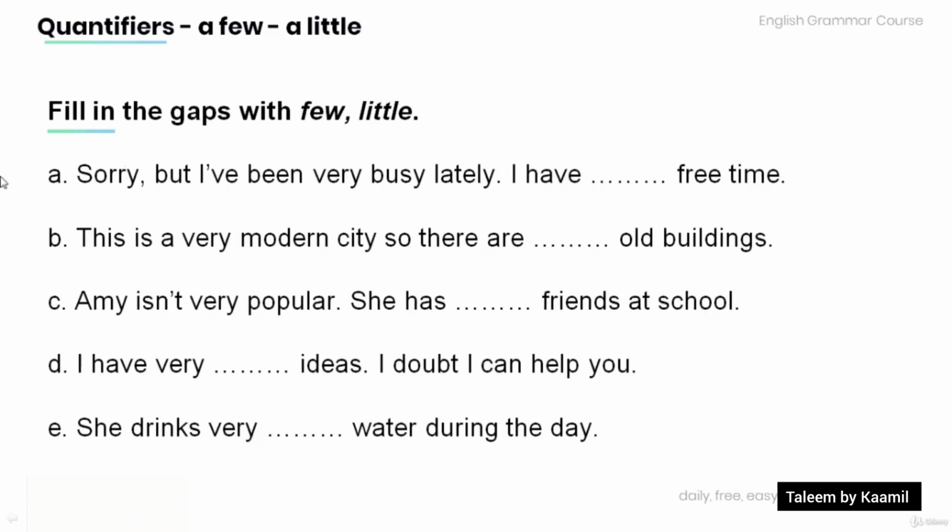And now, read the following sentences and fill in the gaps with few or little. A. Sorry, but I've been very busy lately. I have free time. B. This is a very modern city, so there are old buildings.